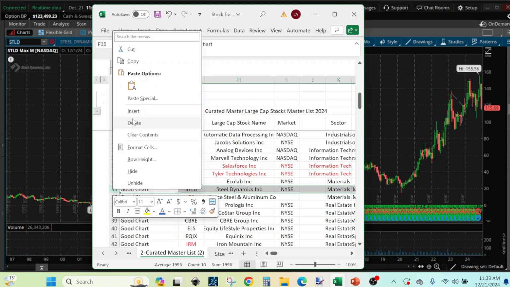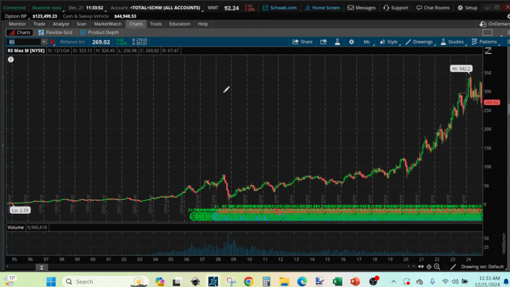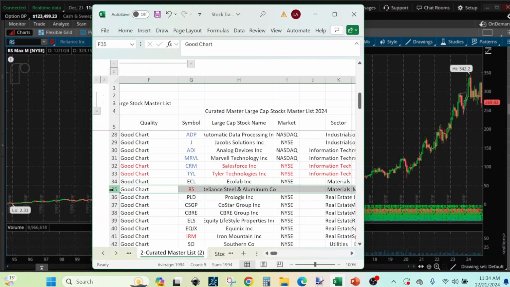The next one, RS, the price is below a prior year high, so it's out. This has a nice feel to the chart, but it can go that low, so it's out.